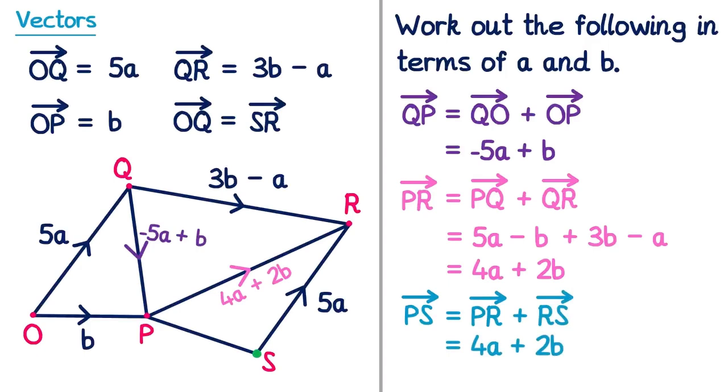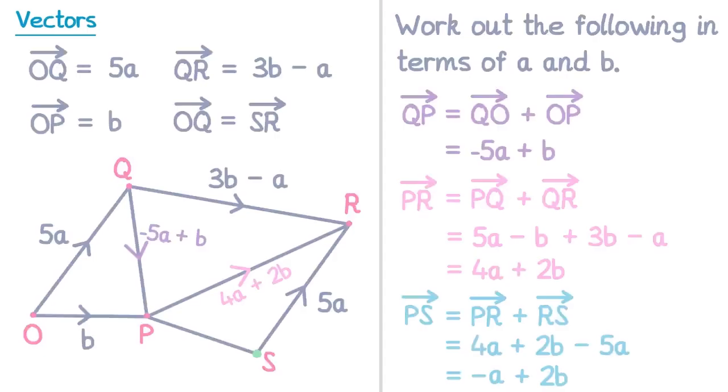But going from R to S is in the opposite direction of that vector with 5a on it, so it must be negative 5a. Then we collect like terms again here. We've got 4a minus 5a, which is negative a, and then we just have plus 2b. So from P to S is negative a plus 2b.